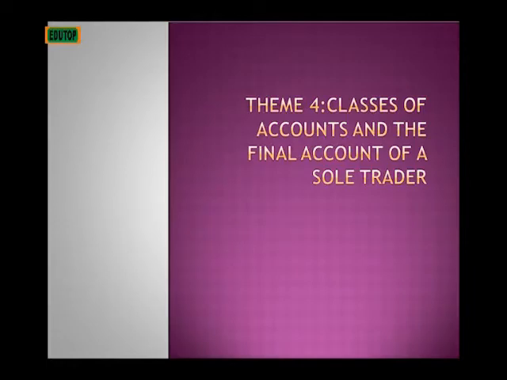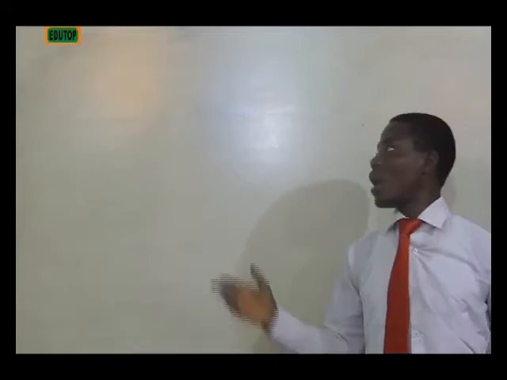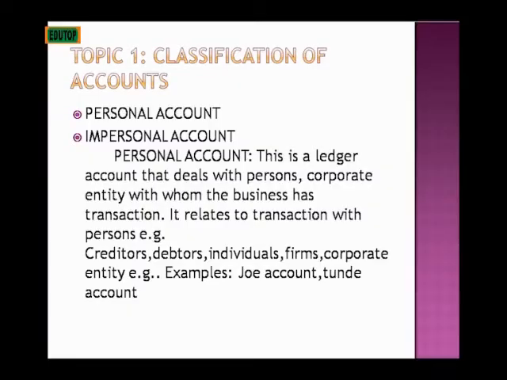Now we'll be talking about theme 4, which is classes of account and the final account of a sole trader. Under it we have topic 1, which says classification of account. Classification of account is classified into 2: number 1 is the personal account and the impersonal account. What is a personal account?